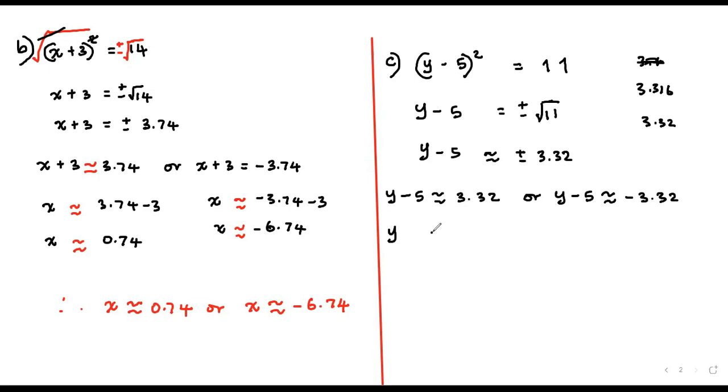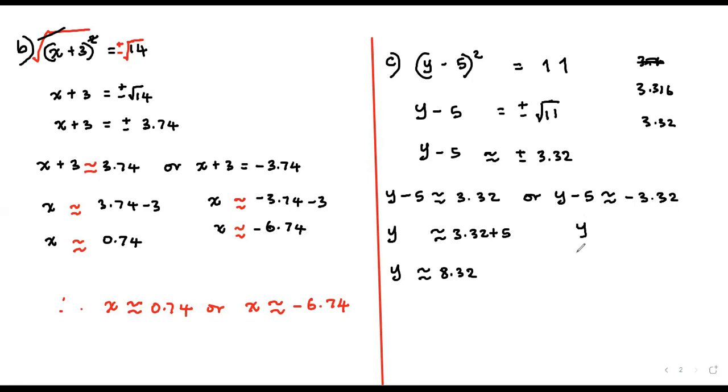Y is approximately equal to 3.32 plus 5. Now, this one you just need to get 5 plus 3. Then you answer 0.32. So we say that y is approximately equal to 8.32.